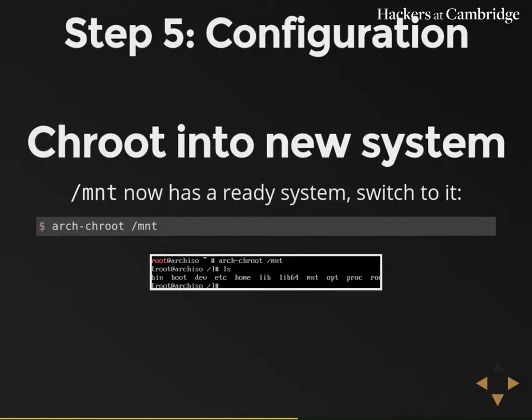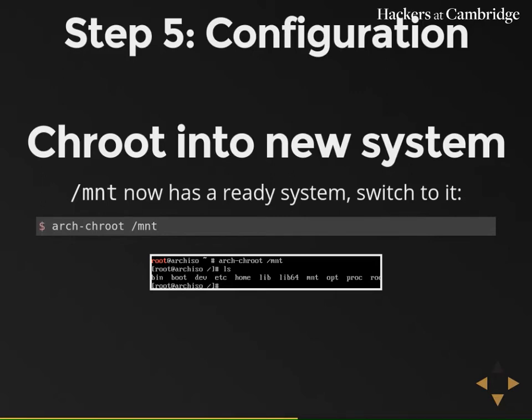So that's the copying of all the files. But if you try and reboot now, you'll be left with a system that you can't log into. So we need to do a final few little bits of tweaking before we can reboot. To do that, the easiest way, we could do it all from here, but it's a little bit clunky.